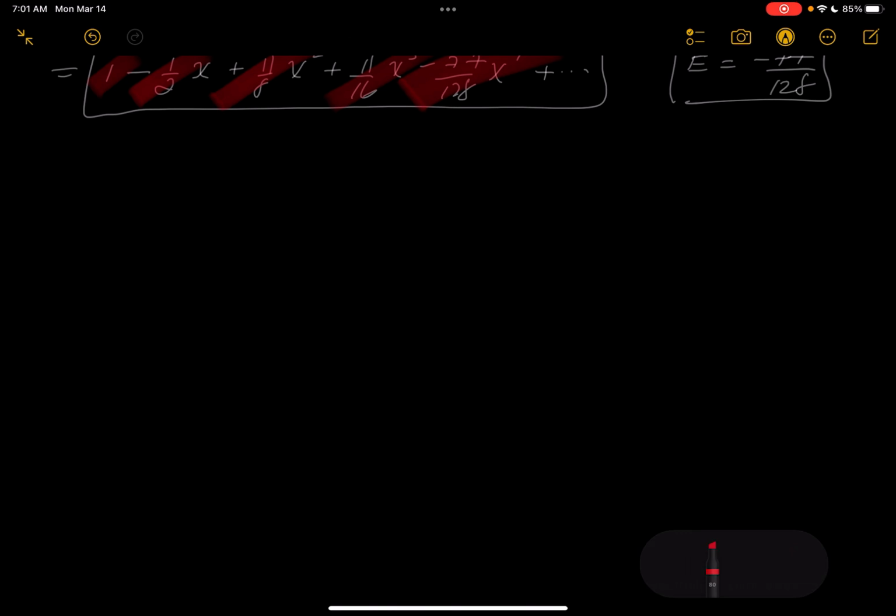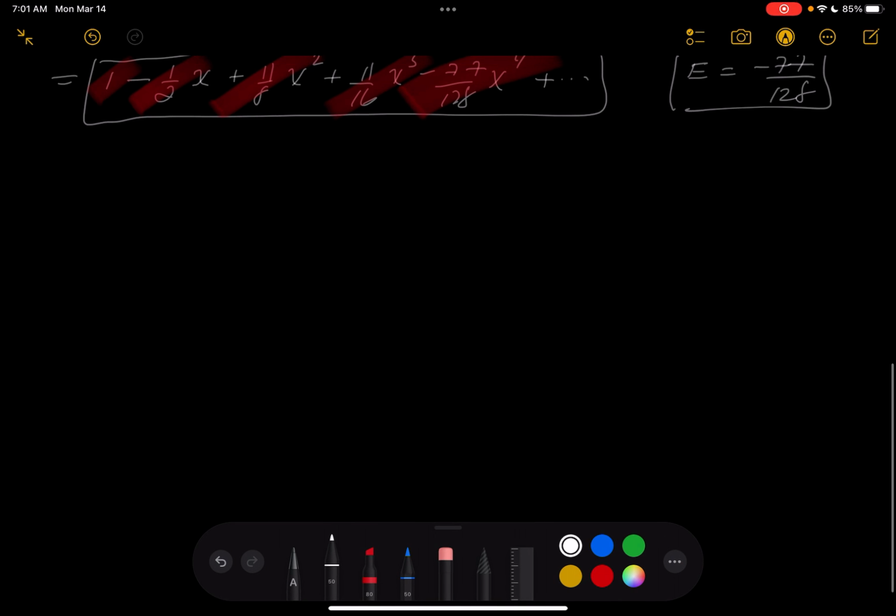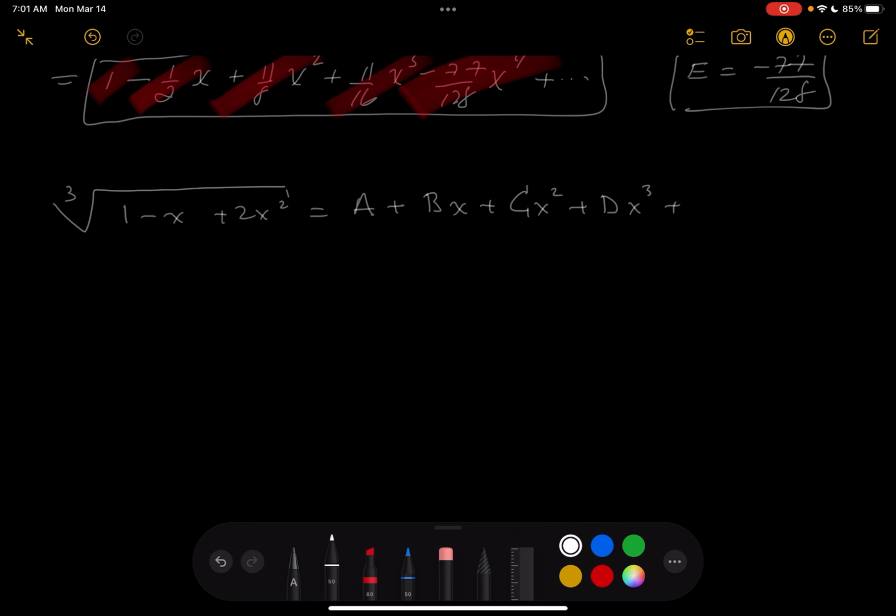So we're trying to do the cube root of 1 minus x plus 2x squared. And they want me to take it out to 5 terms. So I'm going to say, a plus bx plus cx squared plus dx cubed plus ex to the 4th power.